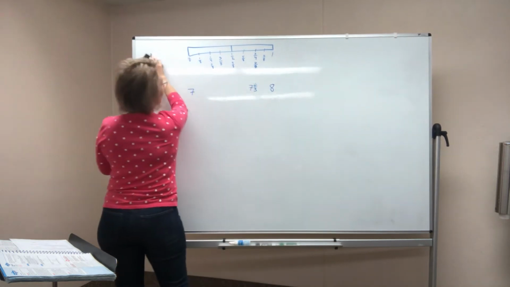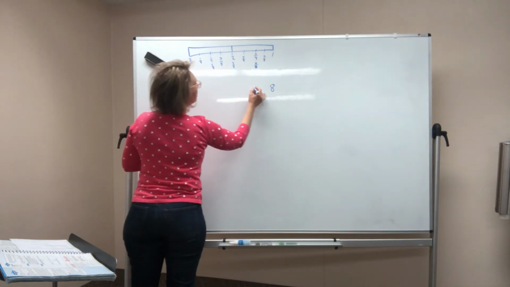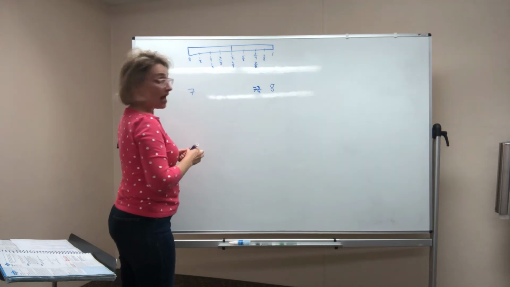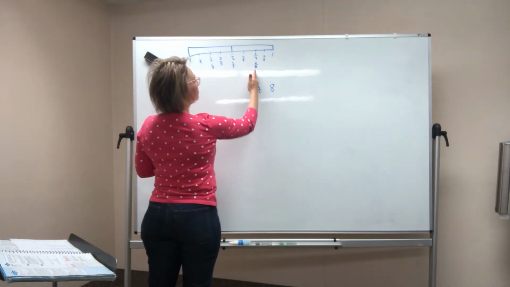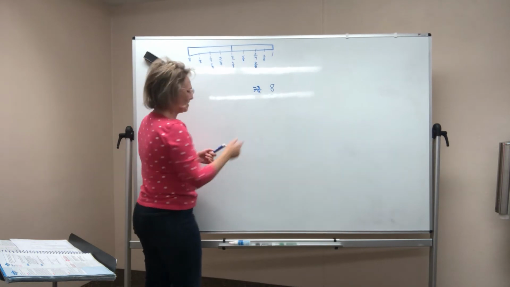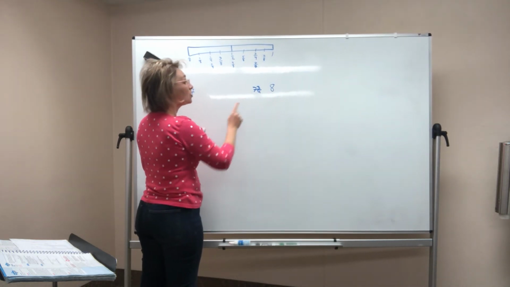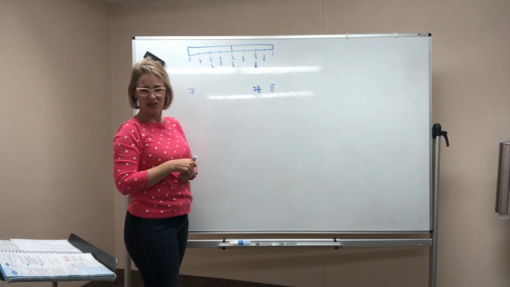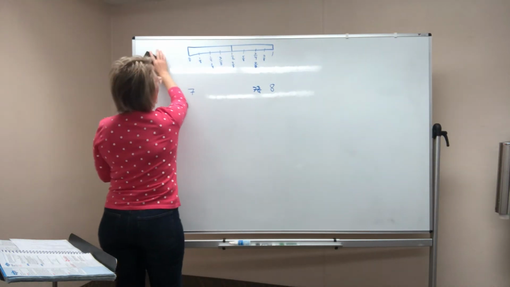Hold on, let's try again. 7 3/4, there we go. Do you see how when I'm at 3/4, am I closer to the 7 or the 8? Clearly the 8, right? I'm much closer to the 8. So 7 3/4 would round up to 8. Does that make sense?